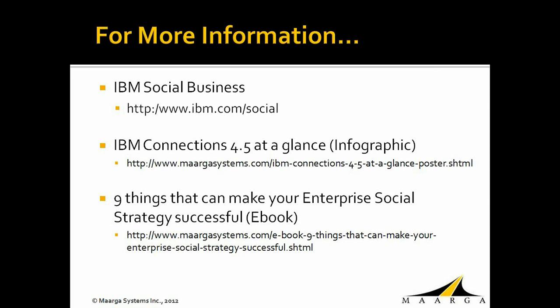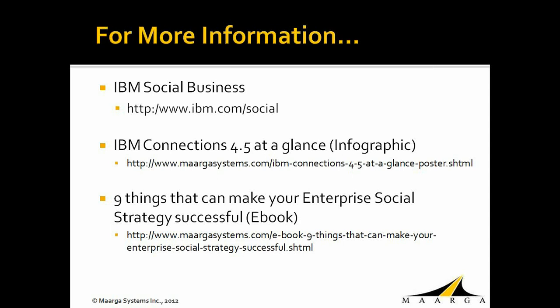So today we talked about a couple of use cases, social business use cases, and how Connections helps with those. For more information on how to get your business social, you can go to www.ibm.com/social, which is the IBM Social Business homepage. We ourselves have an infographic that we have released recently.